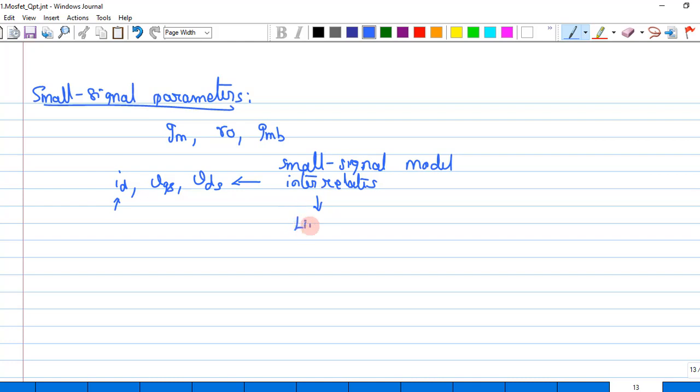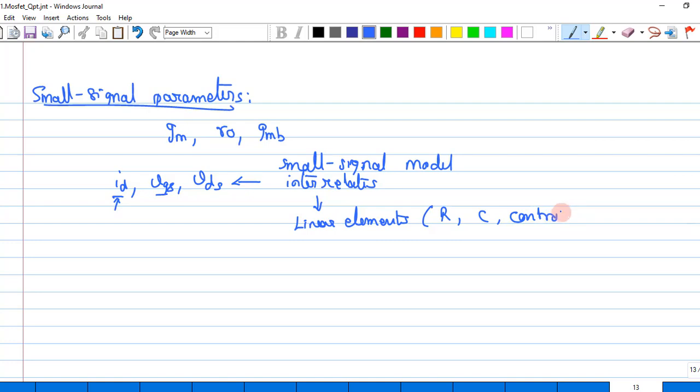So we'll be using these linear elements to build the small signal model, just because these are just fine amounts of incremental changes that we will try to apply. Okay, and those linear elements are nothing but the resistance, capacitance, and some controlled sources.